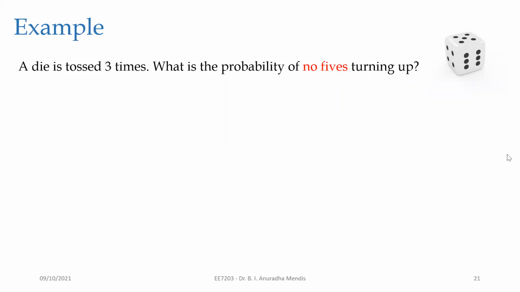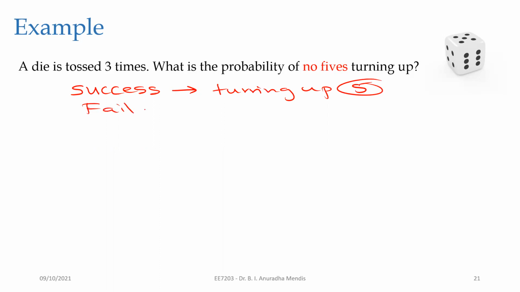So what you have to do is assume the success as turning up 5. So you get 5, that is success. Otherwise, fail means you do not get 5.